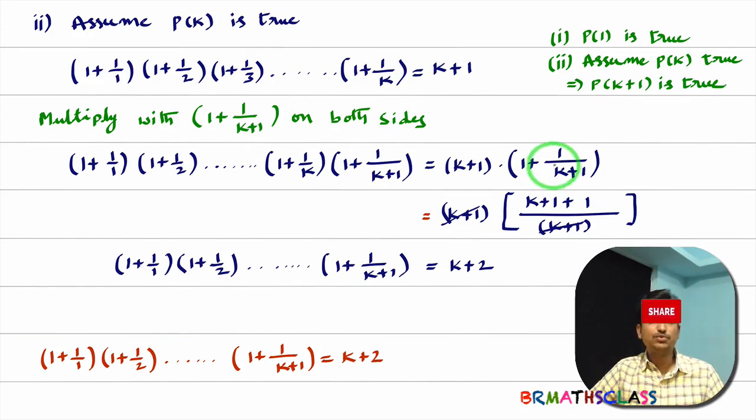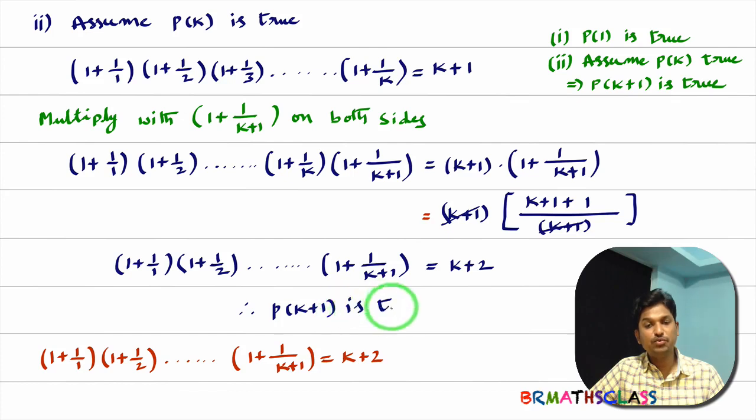This is also true. Now, with little bit of simplification, whatever you got, this and this both are same. That means this statement is true. What is this statement? Observe here, this is nothing but P of k plus 1. So I can write that therefore P of k plus 1 is true.